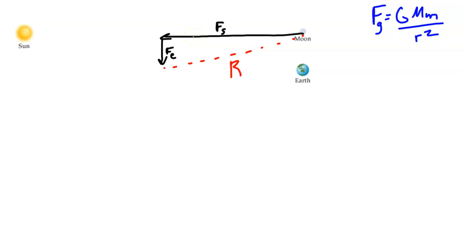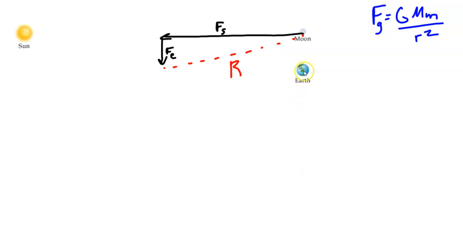Hold on. Yeah, that's right. The force of the sun on the moon is actually greater than the force of the earth on the moon. You might be like, oh my goodness, why does the moon stay in orbit? Well, keep in mind that the Earth-Moon system is in orbit around the sun.